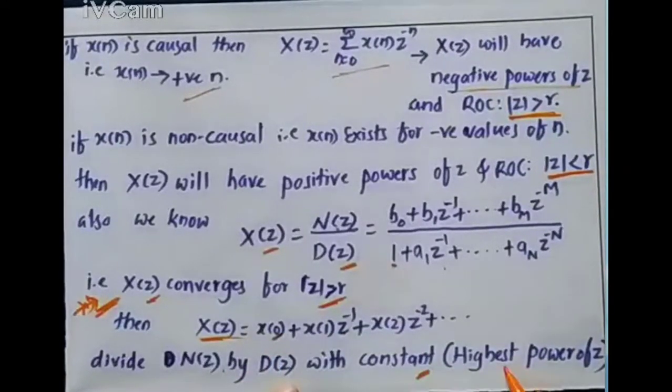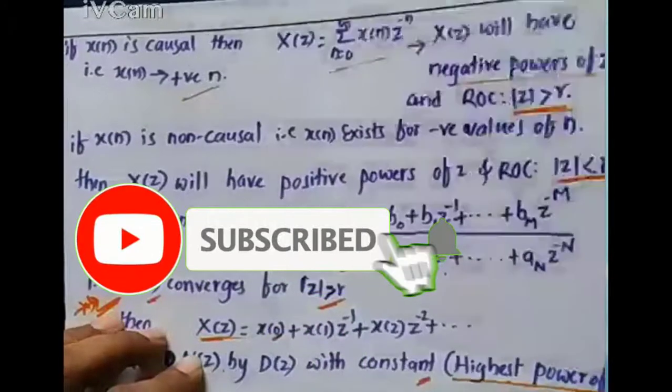I hope you understand this concept: the highest power of z is nothing but z power 0 only. That's why you have to start the division with a constant. Okay, then the other case.